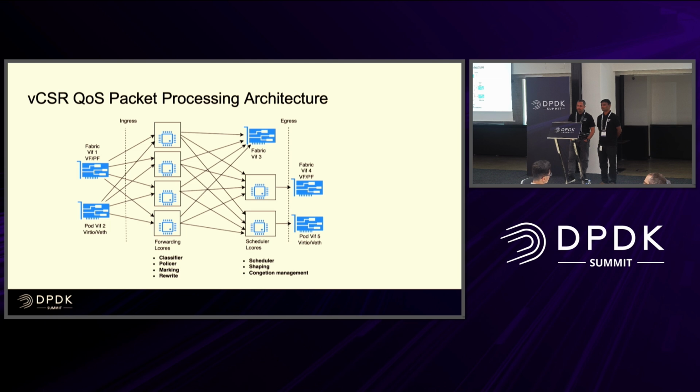This requires dual queuing or something else. What are your plans for L4S support? It's in the pipeline. Right now, we have not done much work in that area. We are just using the cost scheduler from DPDK for now. So no plans to implement L4S in scheduling? Not immediately. Okay, thanks.